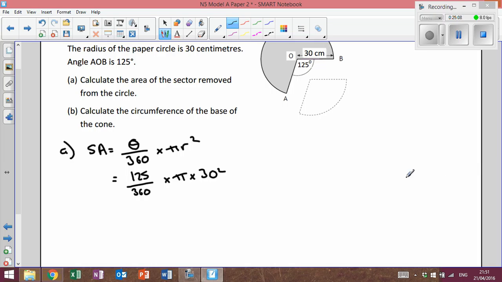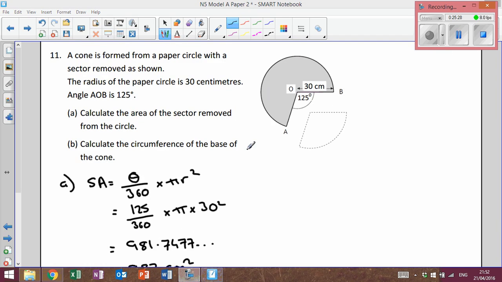Right, we're calculating, which is 981.7477 and so on. Let's do it to 3 sig figs, so 982, and we're talking centimeters squared.